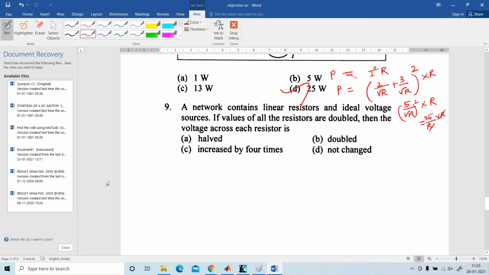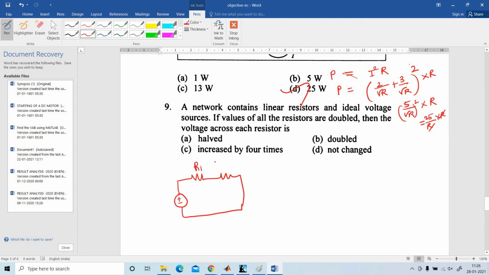The network consists of linear resistors and ideal voltage sources. If values of all the resistors are doubled, then the voltage across each resistor is. Here I have considered a series circuit that has 2 resistors and 1 voltage source. So the question is, if the values of all the resistors are doubled, then the voltage across each resistor.